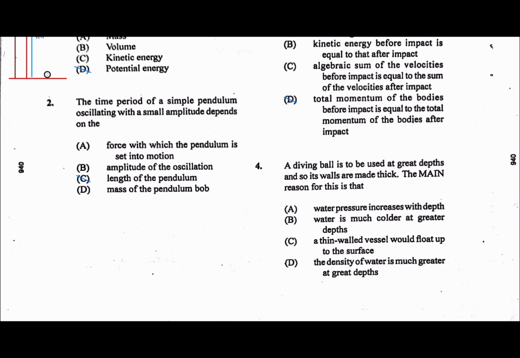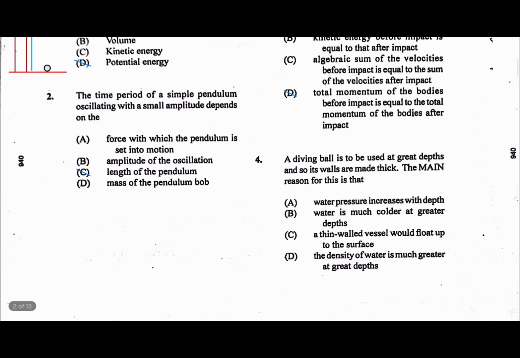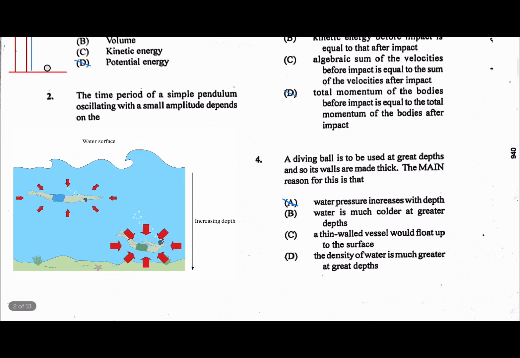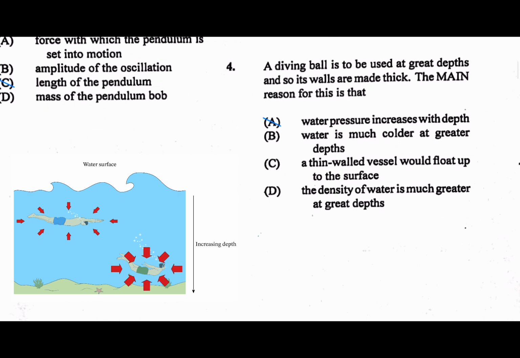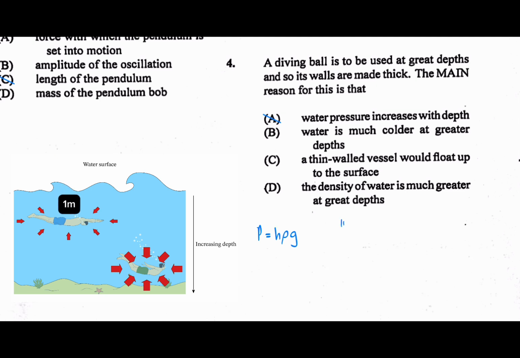A diving bell is to be used at great depths, and so its walls are made thick. The main reason for this is that water pressure increases with depth. If you recall, the pressure for a fluid is P equals h, which is height, by density, by gravity. So the deeper you go, your height is going to increase. So let me just say, for instance, you start off at a height of 1 meter, right?